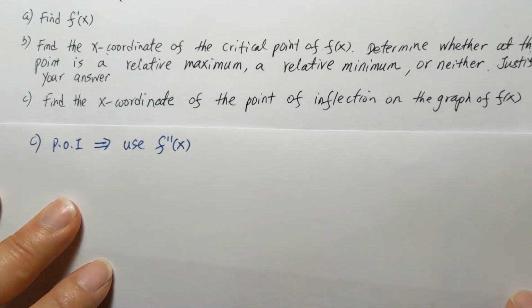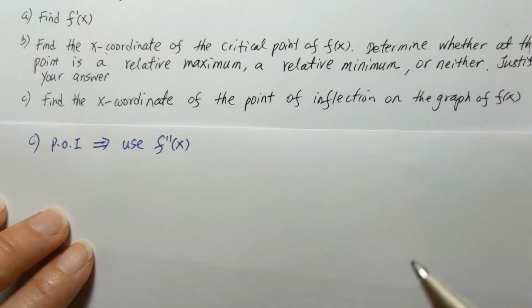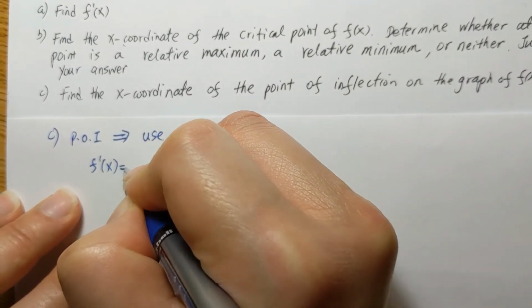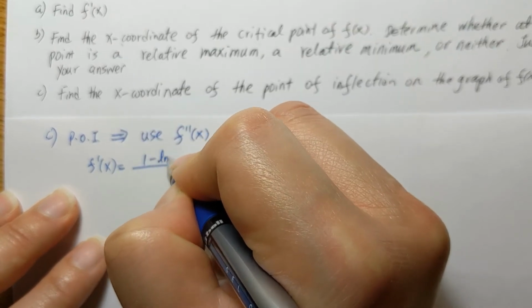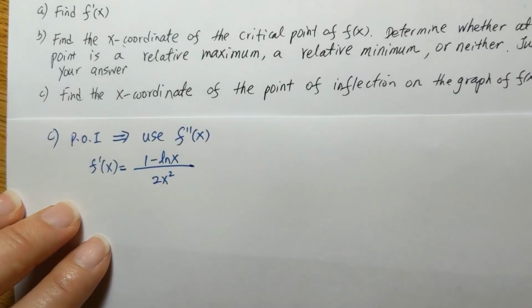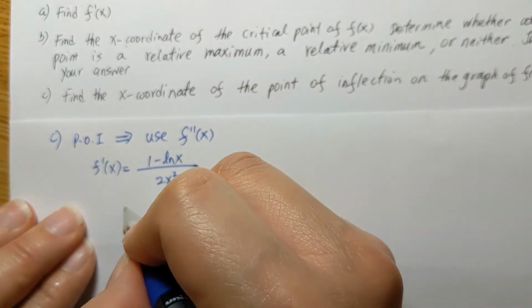We already found the first derivative, so we're going to use it to find the second derivative. We have f prime of x equal to 1 minus ln x over 2x squared. That's our first derivative.